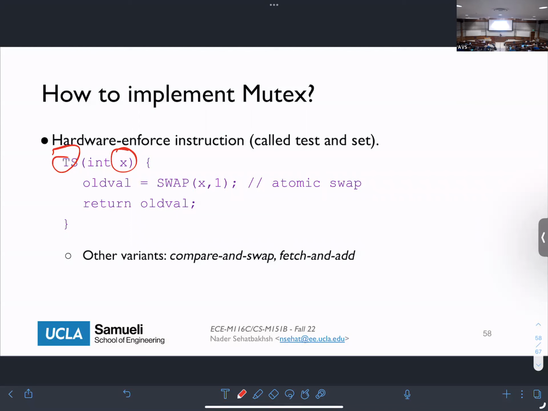And what it's going to do is read the lock, okay? And it's going to call a function called swap that is actually atomic, which means that only one swap can happen at one time. And what the swap does is that it reads x and swaps it with 1 and then gets the value and returns that value.